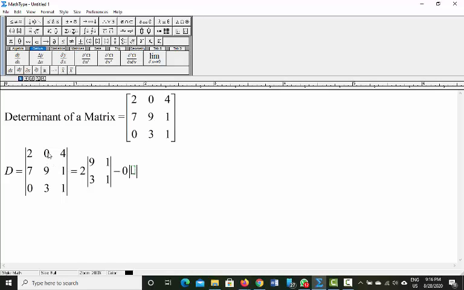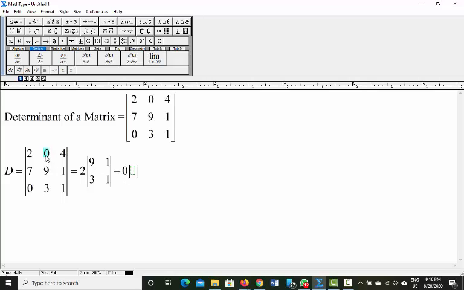This could be any other element also, and in that case you have to take that element. Since I am teaching you for the first time, I am writing this one. But if you have a 0 here, you can just ignore it. Now we will take this one, the second element of the first row.